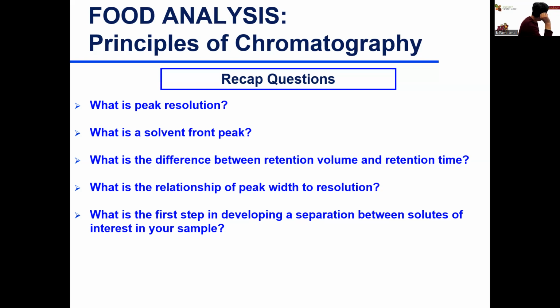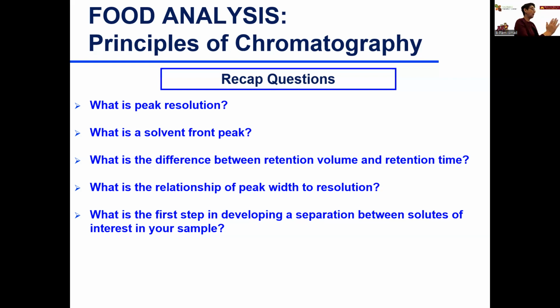What's the relationship of peak width to resolution? So meaning as the peak width increases, does that mean resolution goes down or the other way around? Tim? It's the inverse relationship, meaning that the wider the peak is, the worse the resolution is. Absolutely.